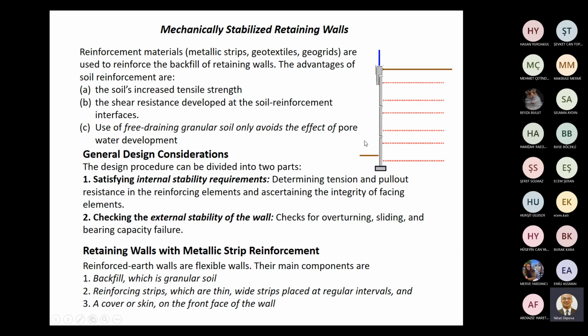The advantages are the soil's increased tensile strength, because, you know, tensile strength of soil is almost equal to zero. And using this technique, the tensile strength is increasing. The shear resistance developed at the soil reinforcement interfaces.